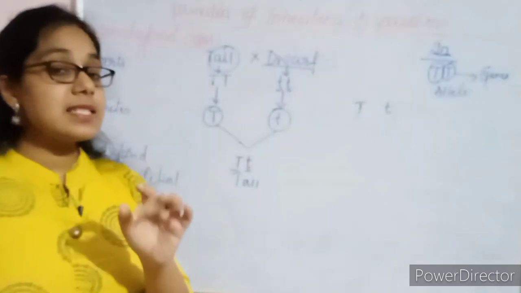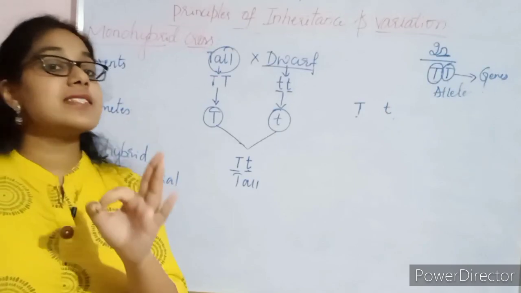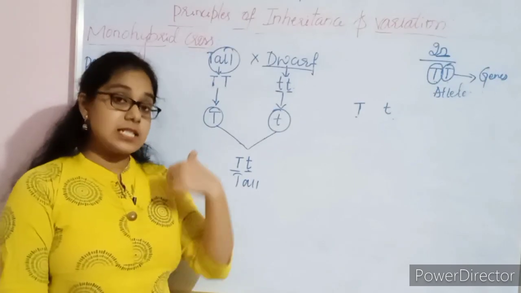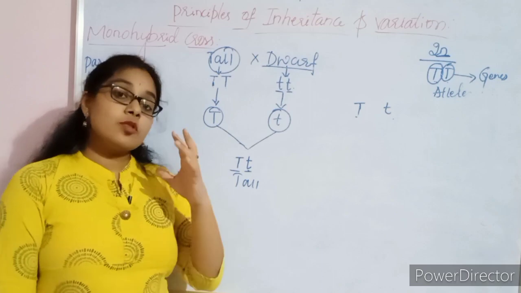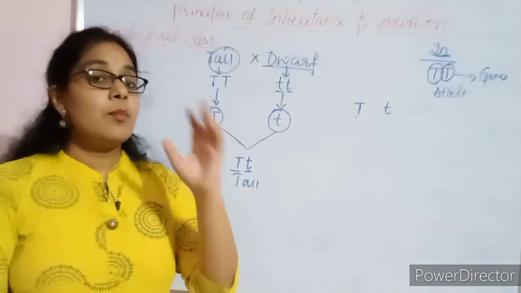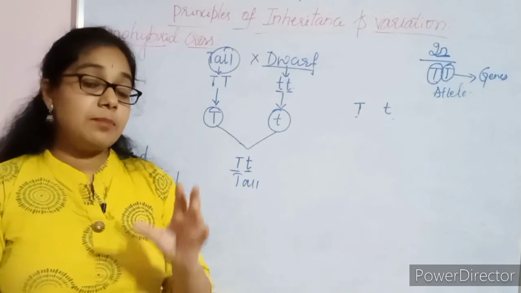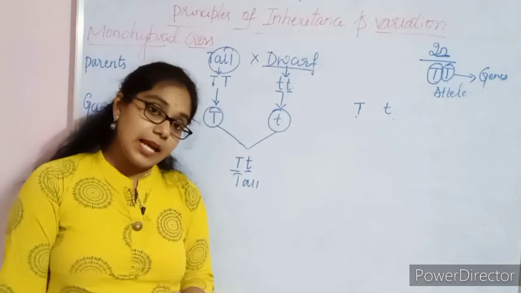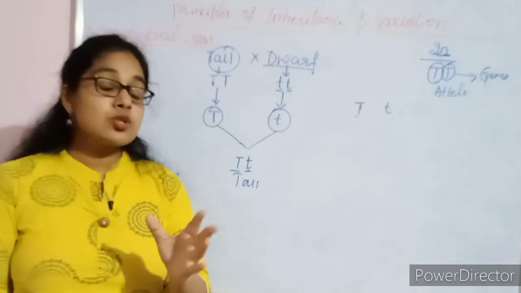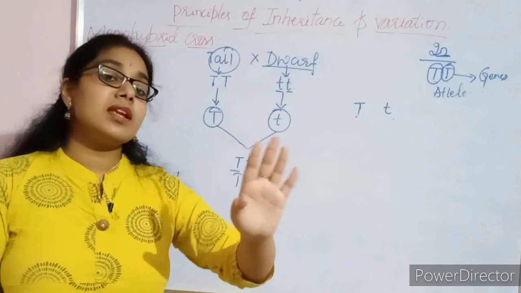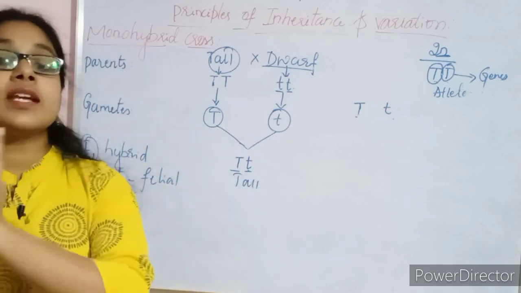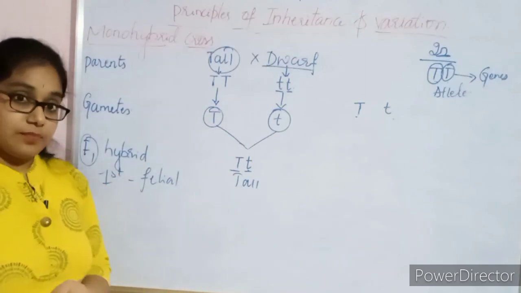While we were discussing the 7 contrasting characters, that is flower color, position of the flower, pod color, pod shape, seed color, seed shape, we have understood which are the dominant characters and which are the recessive characters.